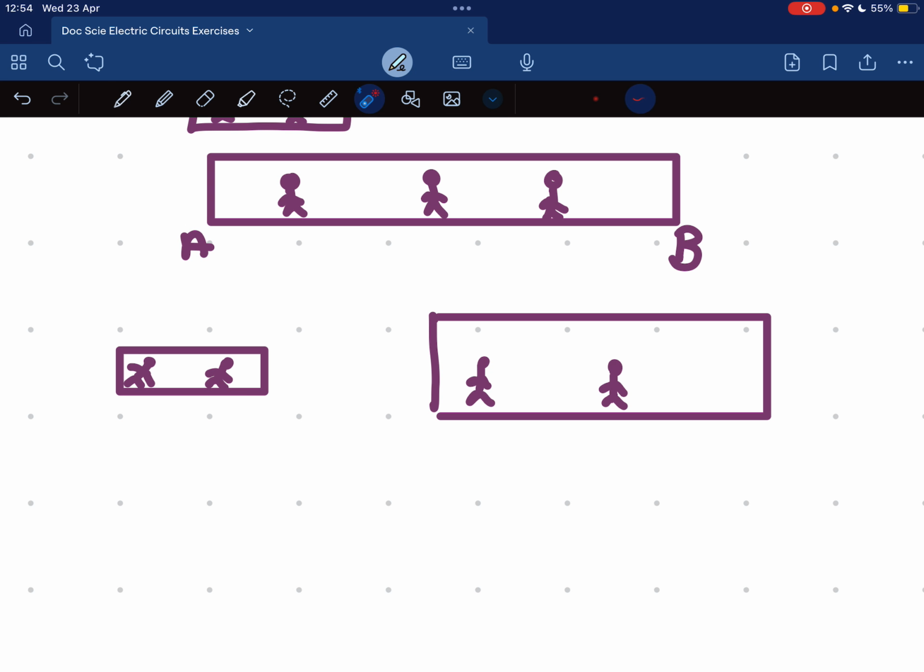So if there is less space for these particles or these men to move, then they're going to collide more into one another and more into the conductor itself, which would mean an increase in the resistance. Whereas if there's more space to move, then it's easier for these charged particles to go from one side to the other.